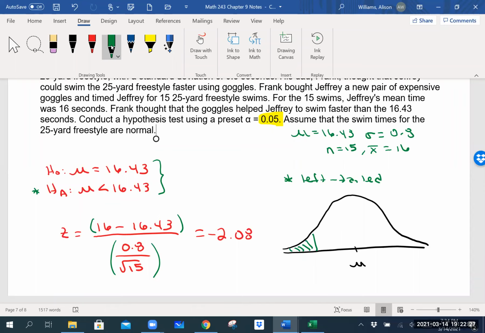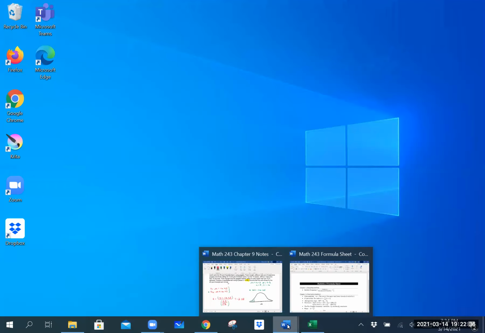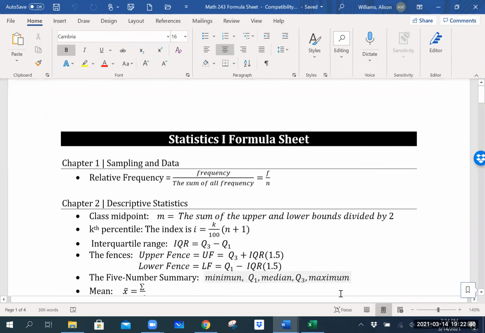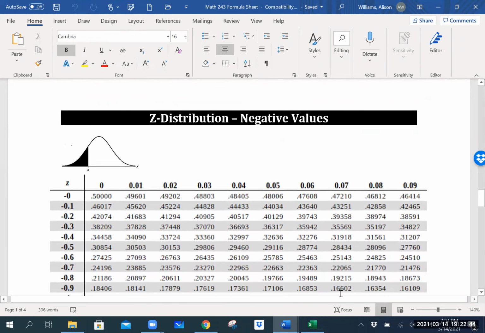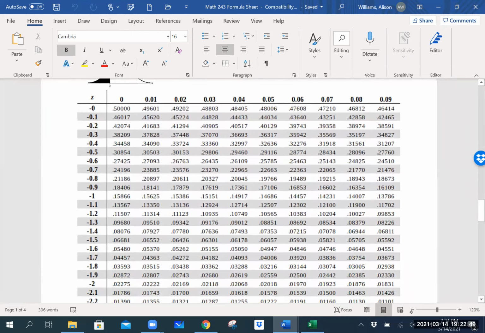So we're going to keep that in mind, and we're going to look up our z-score of negative 2.08. So here, I did pull up my formula sheet. Let's go ahead and grab that and see. I'm going to zoom out just a smidge so I can see more. Negative 2.08.